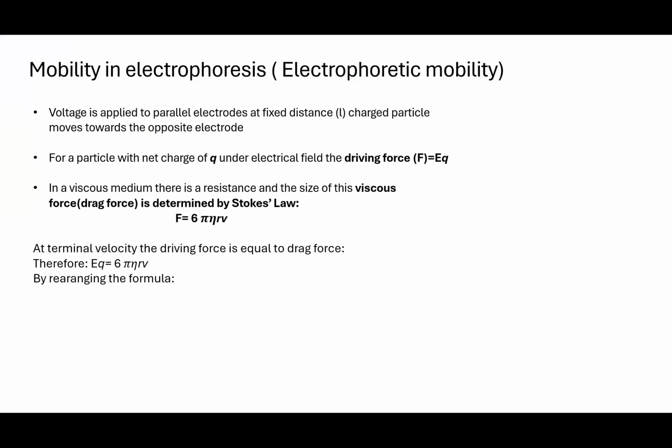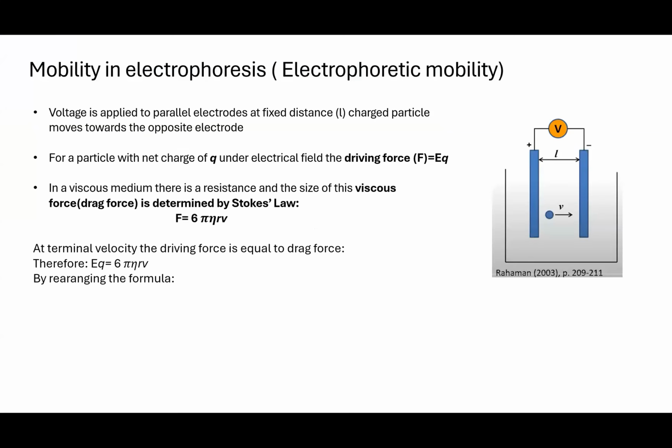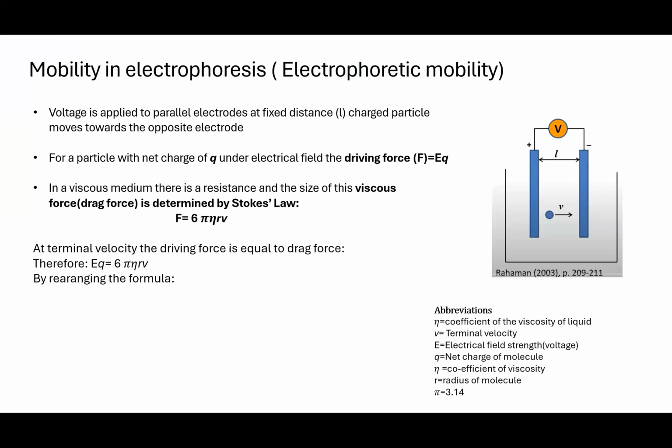So how does the movement in electrophoresis happen? What factors drive the electrophoretic mobility? You can see we have two electrodes, one negative, the other positive. Then we apply voltage, and the charged particle moves toward the opposite electrode, right?